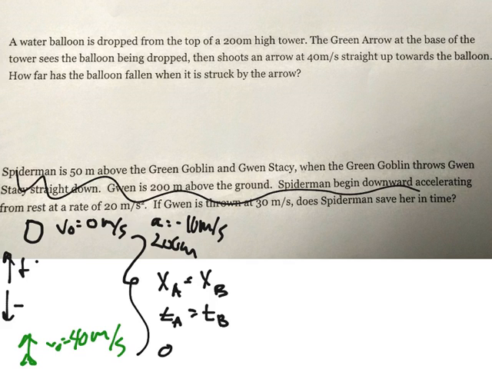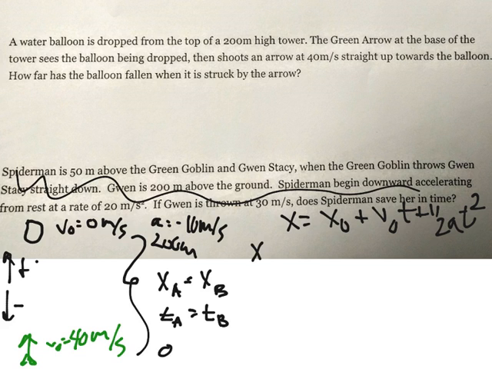You are going to want x equals x naught plus initial velocity times t plus 1/2 a t squared. So for both of these things, it's going to end up being different.